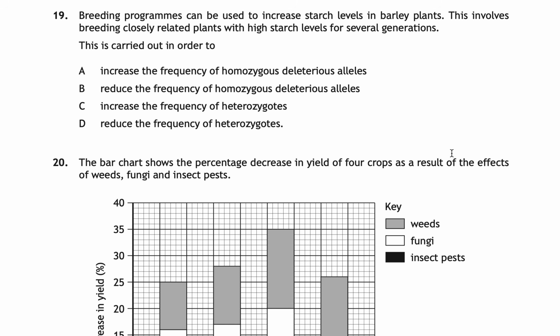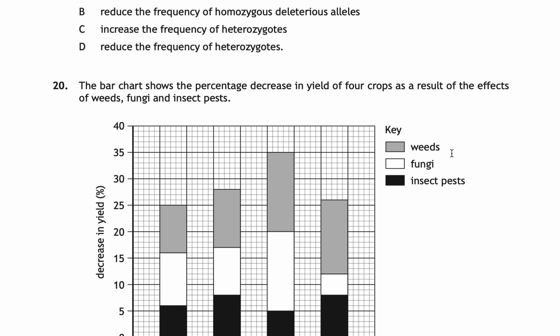So breeding closely related plants, or inbreeding, is designed to reduce the frequency of heterozygotes. The idea of that is that you're left with organisms which are all true breeding or homozygous for that desired trait, such as in this instance, increased starch levels. So the idea of inbreeding is to reduce the frequency of heterozygotes. Answer D.